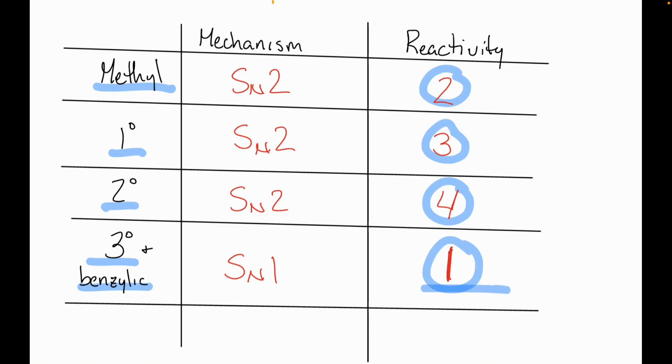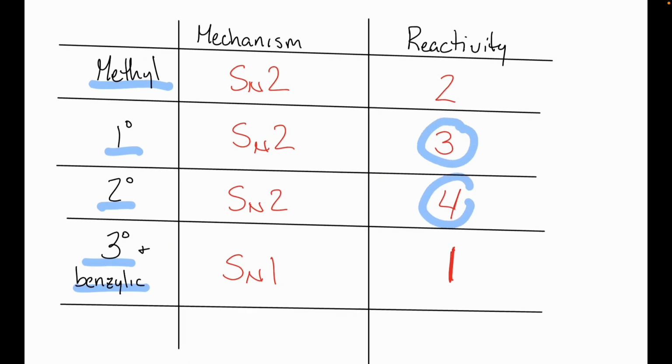Tertiaries are actually the most reactive carbons, tertiary or benzylic, and then it just goes in order of size. So in this particular example, we're comparing a primary and a secondary. We can see that the primary is the more reactive carbon.